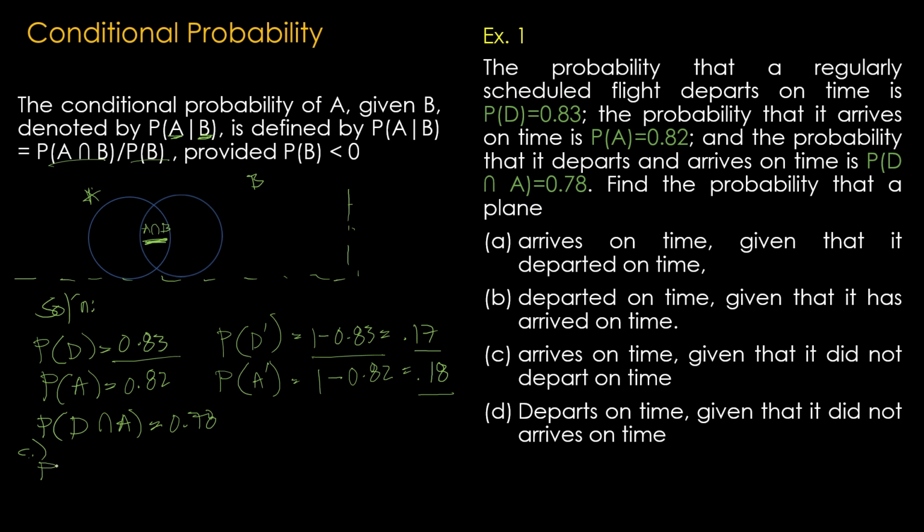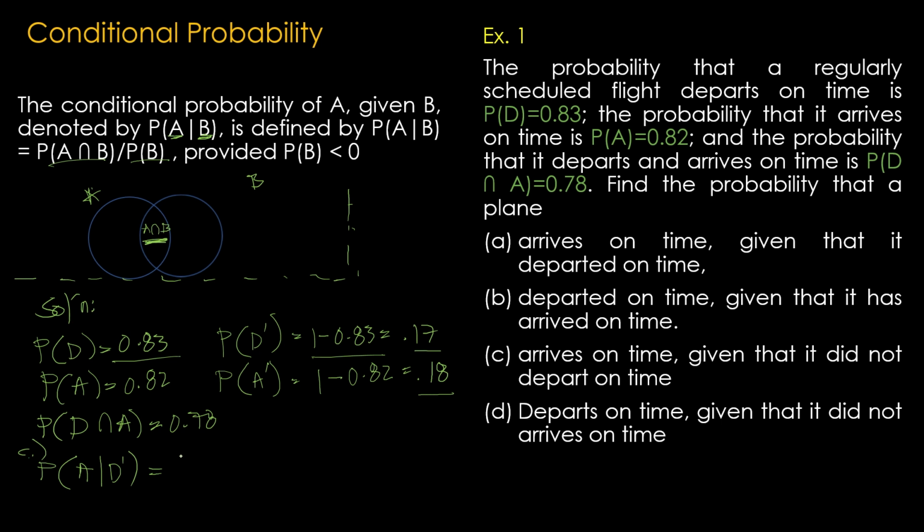So in answering letter C, we are to find the probability that it arrives on time given that it did not depart on time. Using the formula we mentioned earlier, this is just similar.